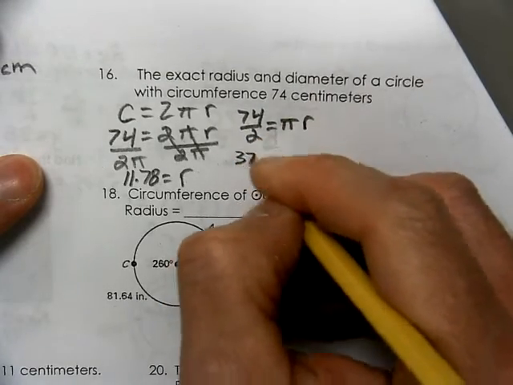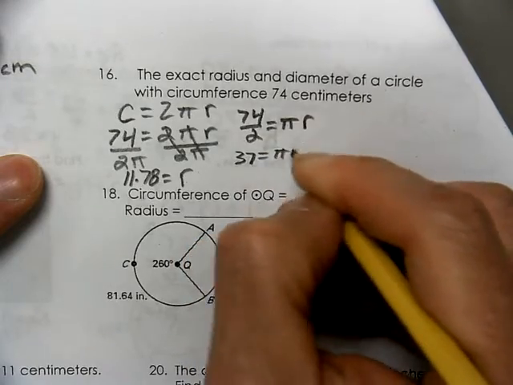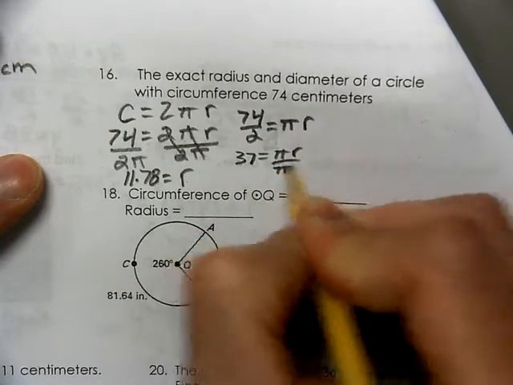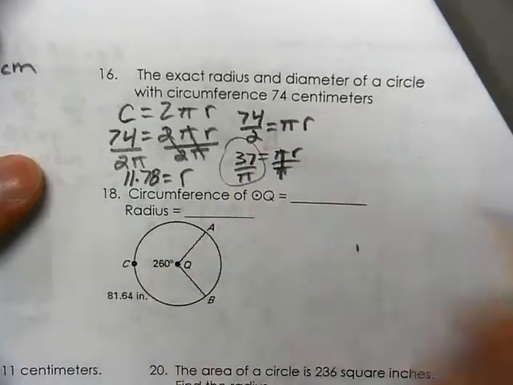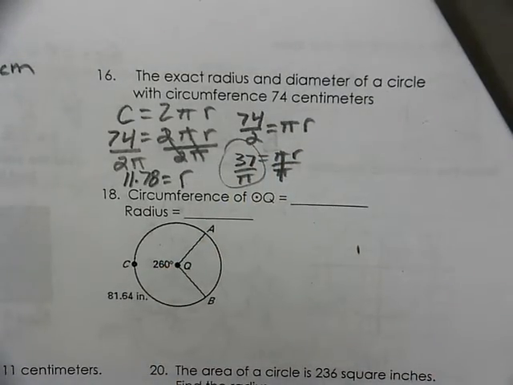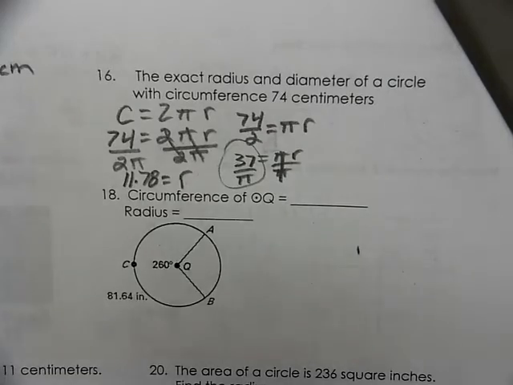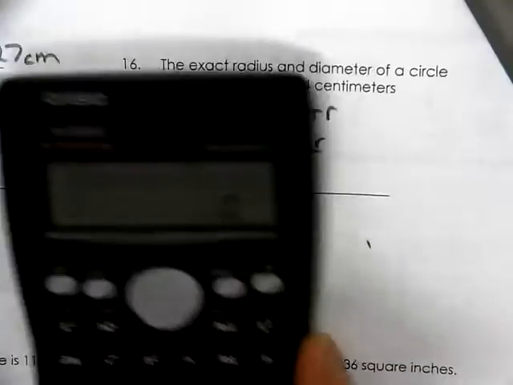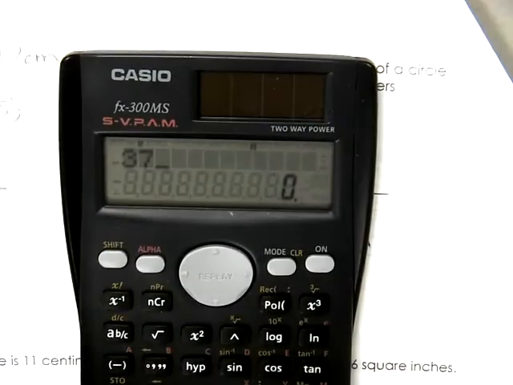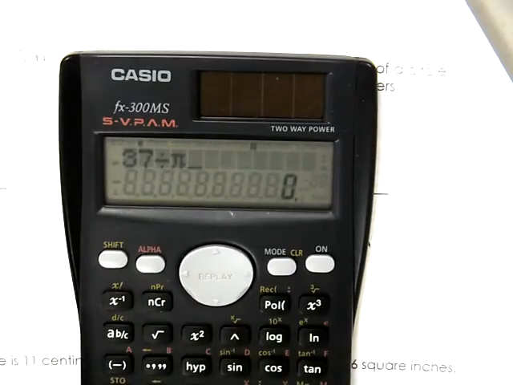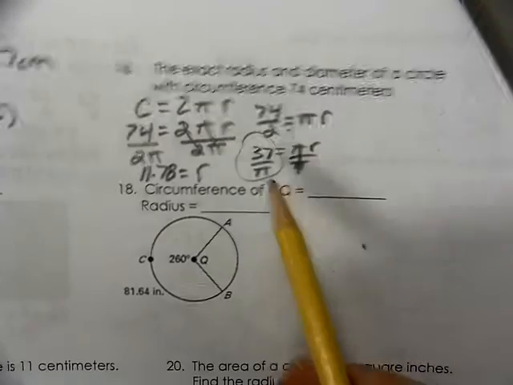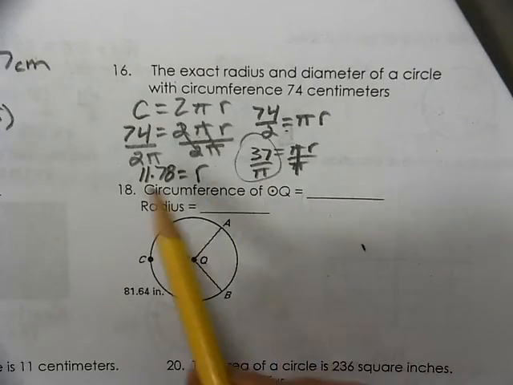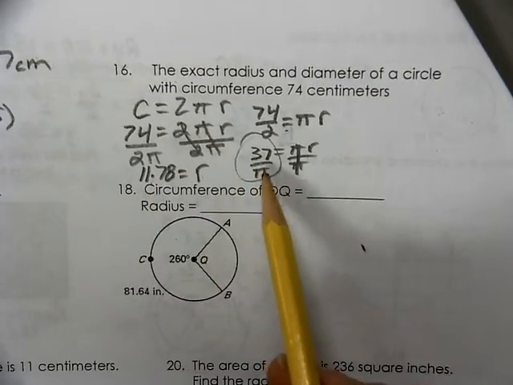That gives us 37. Divide by pi, and that's what the exact radius would be. If you take your calculator and say 37 divided by pi, that gives us that 11.78. That's your exact answer.